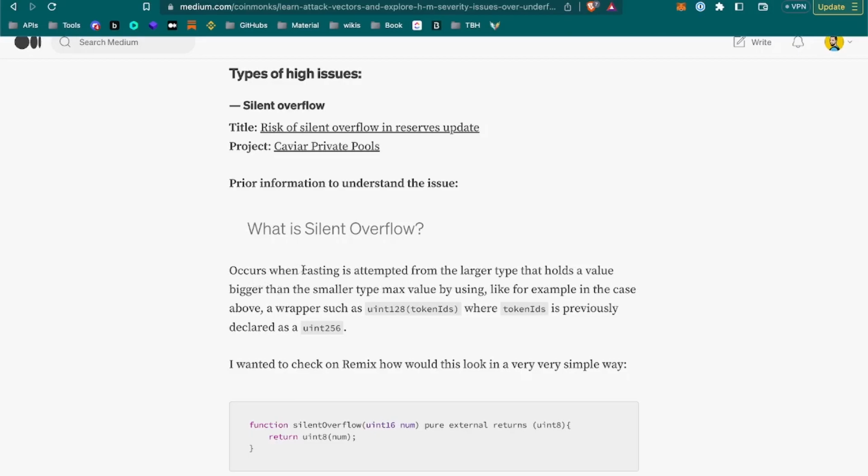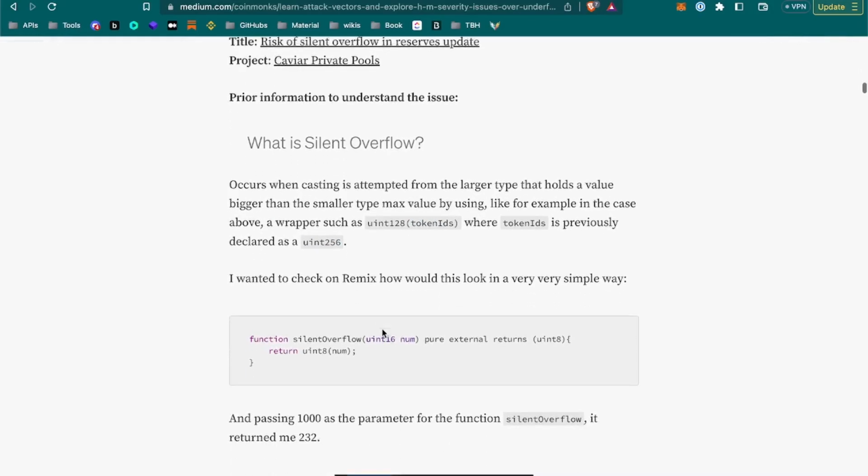This basically occurs when casting is attempted from a larger type that holds a value bigger than the maximum value of the smaller type, using, for example, in the case above, a wrapper such as uint128 on the token IDs, which is a uint256.